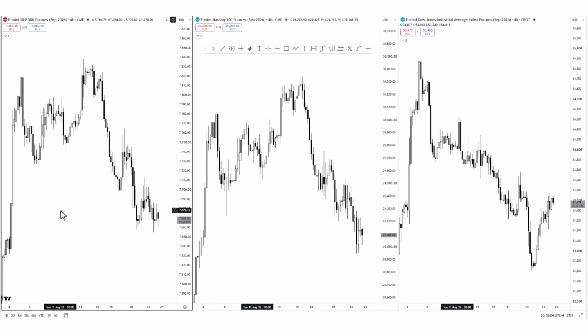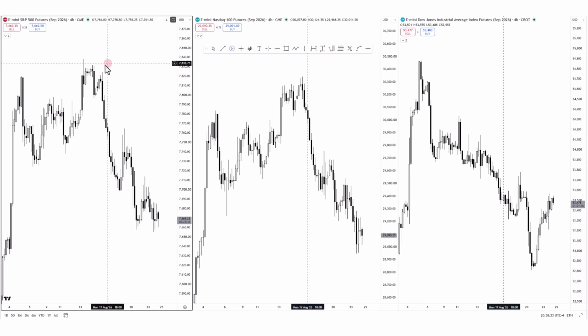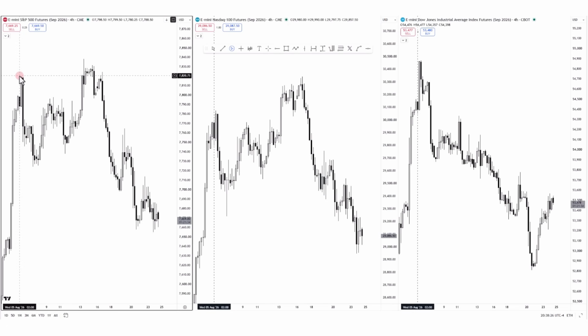we're going to go over something that we had spoken about prior to it happening. So at the all-time high for the S&P and the Nasdaq, you can see that this high right here breached this high.